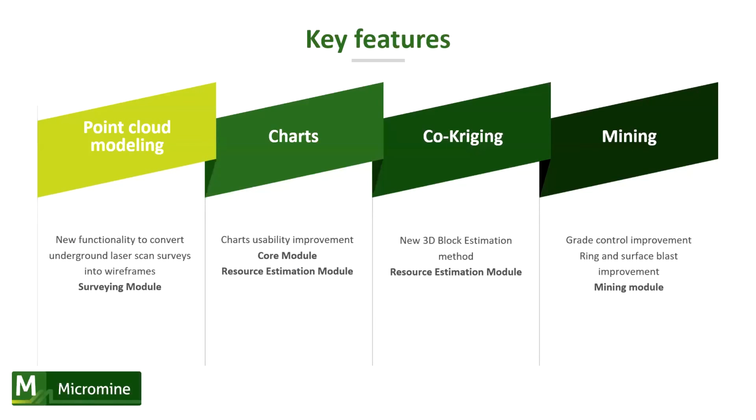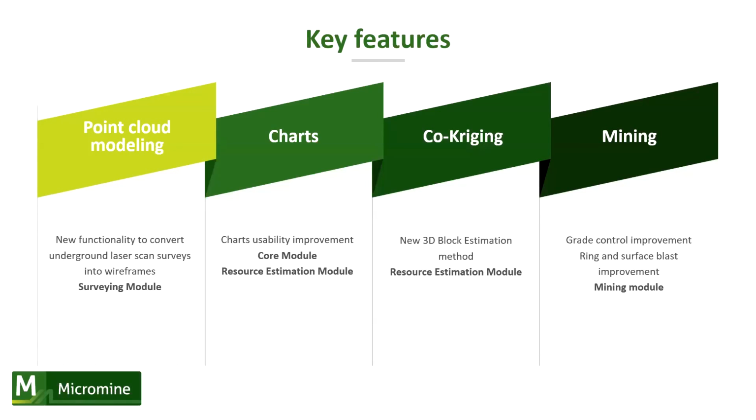On this slide are the key features of Micromine 20.5. Point cloud modeling is new functionality to convert underground laser scan surveys into wireframes. These tools are in the surveying module. We improved our charts, in the core and resource estimation modules.